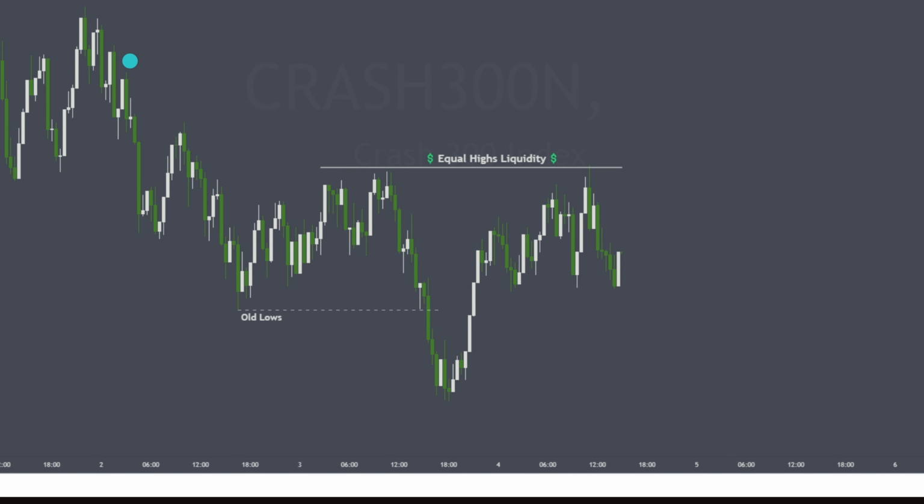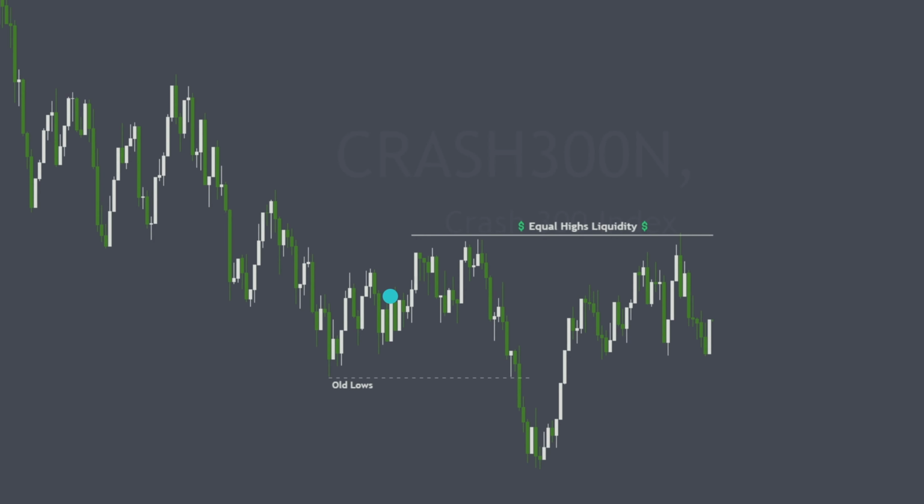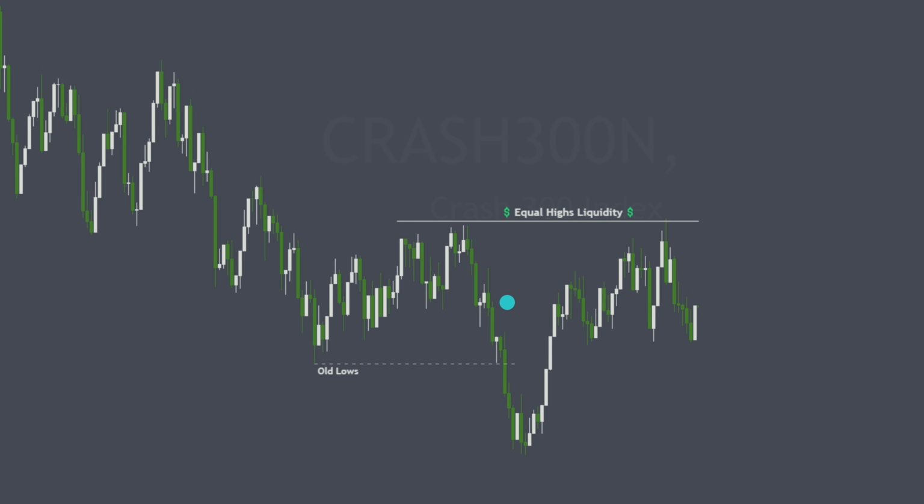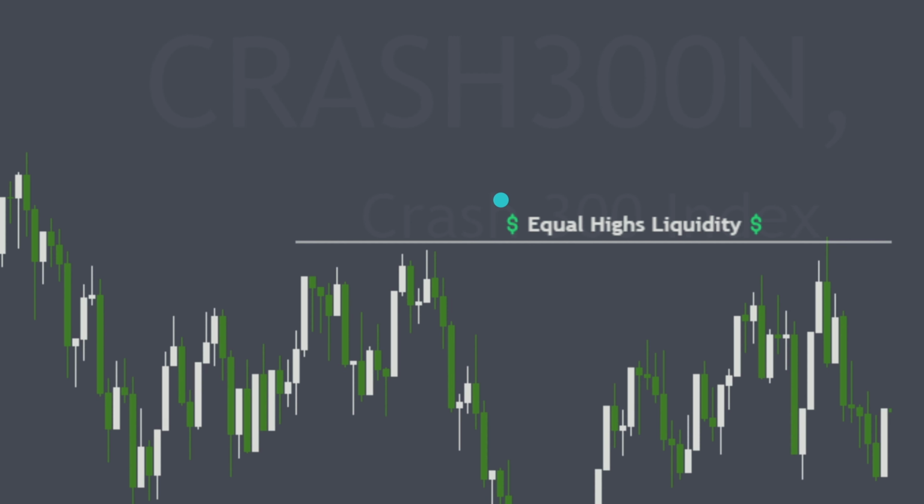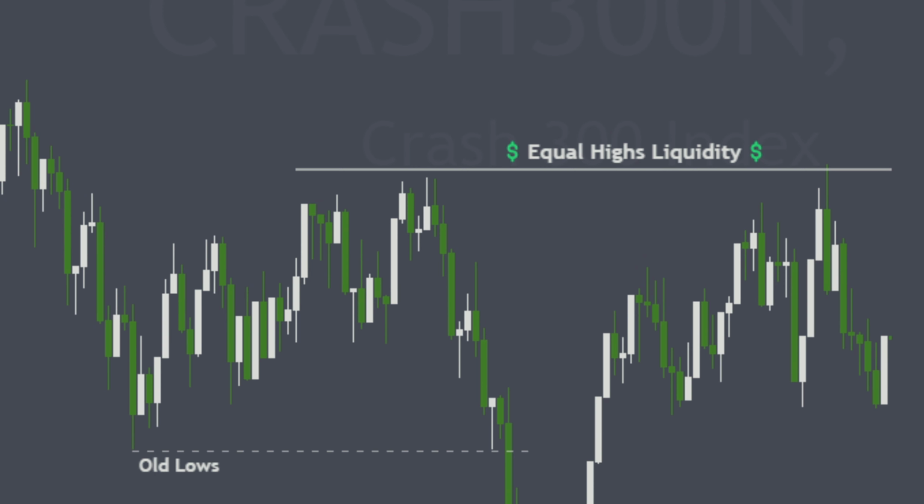We had price dropping for some time here, right? And then we had these 1, 2 equal or relatively equal highs. They don't necessarily have to be equal. As long as they're relative, then it's fine, because the market tends to remember them anyway.